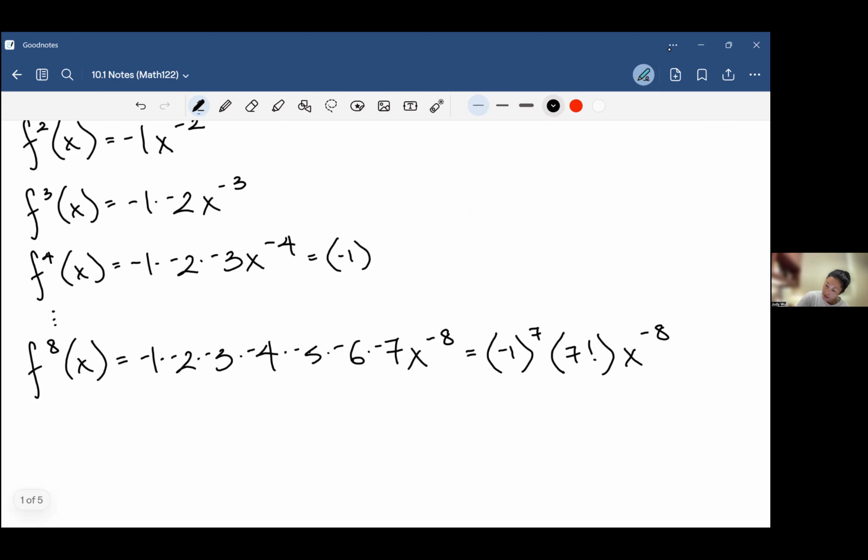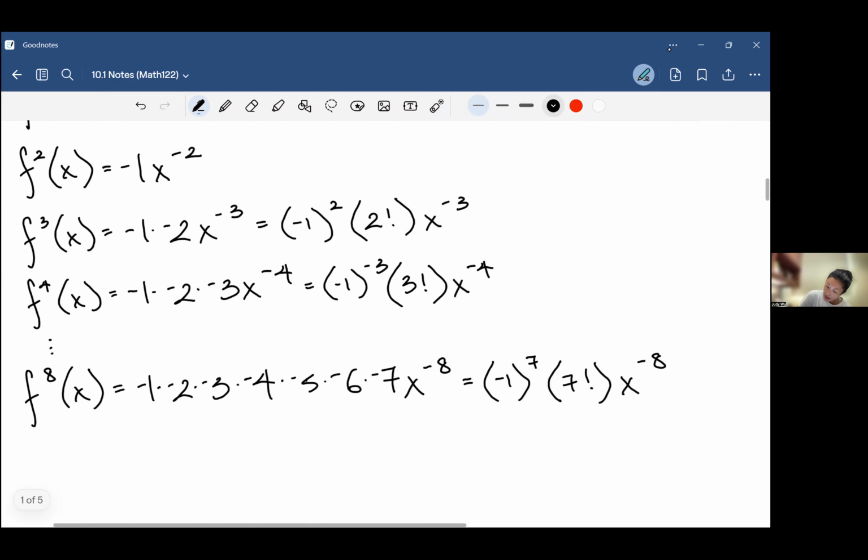How many copies of -1 can I pull out? 1, 2, 3. So -1 to the third. And then I'm left with 3 times 2 times 1, which is just 3 factorial. Then I have x to the -4. Okay, now for the third derivative, I'm pulling out 2 copies, and then I have 2 factorial and x to the -3. And for the second derivative, I have -1, only 1 copy, times 1 factorial times x to the -2.